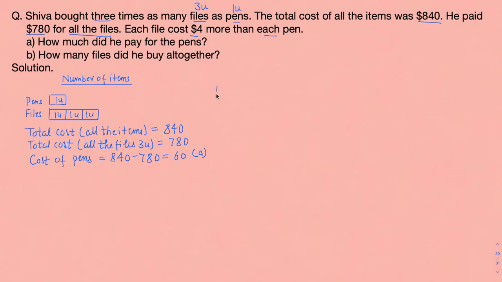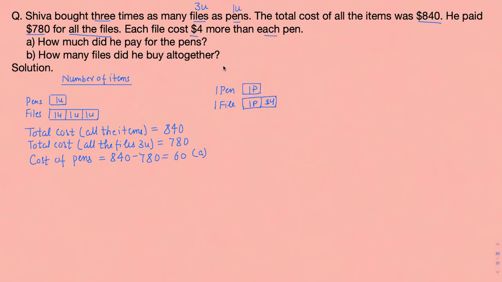So let's say the cost of each pen is 1p. What do you think will be the cost of one file? The cost of one file will be 1p plus another $4, because the cost of one file is $4 more than the cost of each pen.